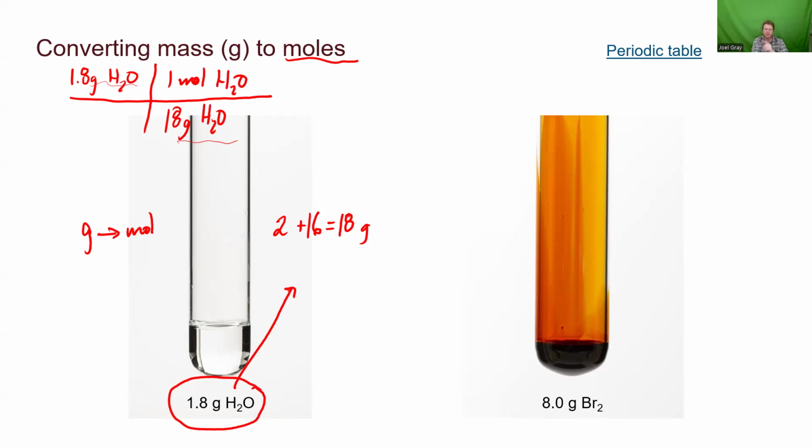So 1.8 times 1, that's 1.8. And then 1.8 divided by 18. Pulling this up on my phone, because that's where my calculator is, 1.8 divided by 18 is 0.1 moles of H2O.